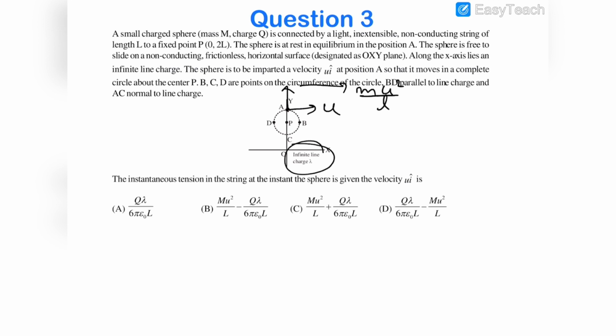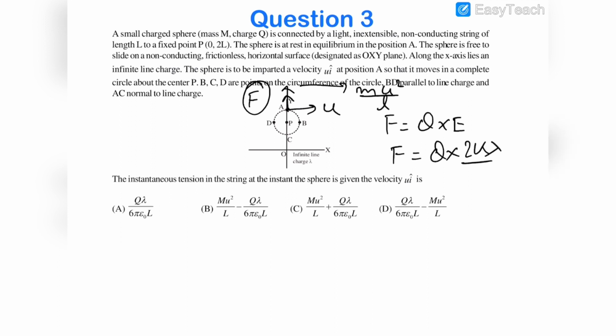The electric force would be acting in this direction, so F electric would be equal to qE, and E will be equal to 2k lambda by r, so it would be q into 2k lambda by r. Now r at this position will be 3L.